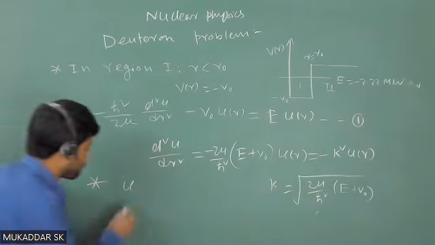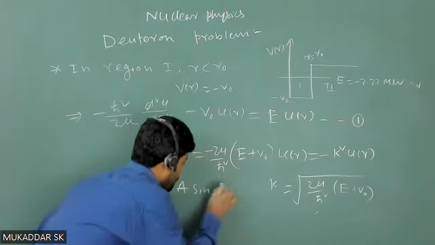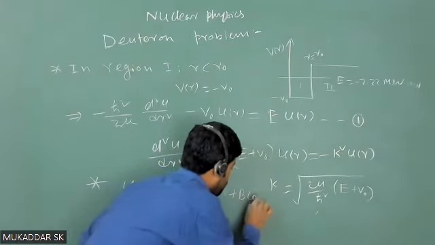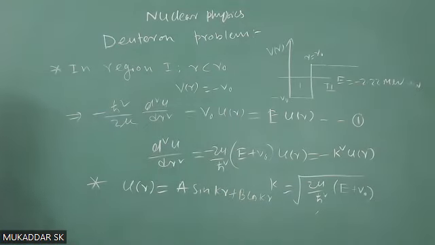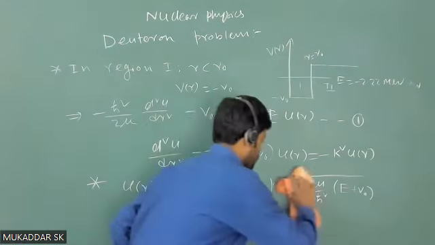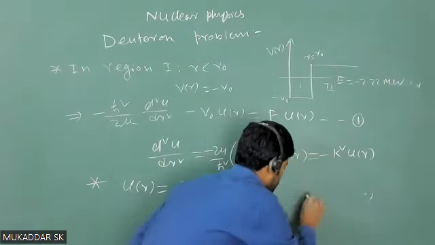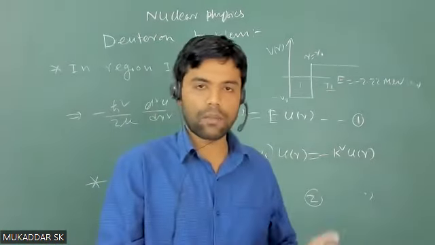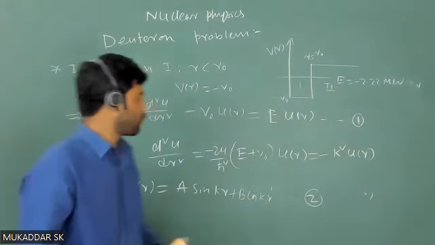What will the solution be? u of r equals A sine of kr plus B cosine of kr. And I'll take this as your equation number 2. So the propagation vector, you always have to choose like a real number, right? You have to choose the factor in this way, and the reason I already told you. So this is your equation number 1, this is your equation number 2.